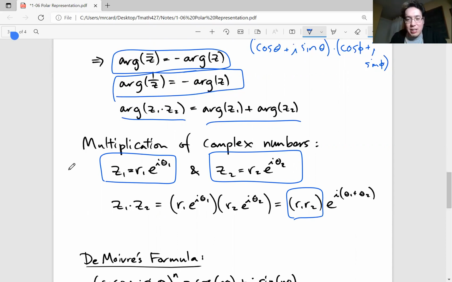They stretch in the way you expect, or if R1 or R2 is less than 1, you could think of it as shrinking as well. If you look at the Euler part, the angle part of the complex numbers, they combine and the exponents add, right? So the product has the argument that's the sum of the two arguments. So that's really nice, right?